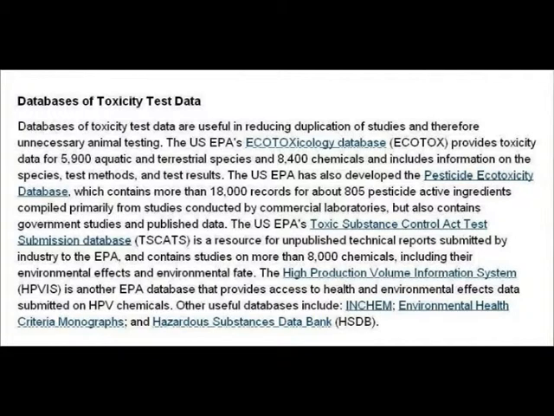The High Production Volume Information System is another EPA database that provides access to health and environmental effects data submitted on HPV chemicals. Other useful databases include INCHEM, Environmental Health Criteria Monographs, and lastly, Hazardous Substances Data Bank, HSDB for short.